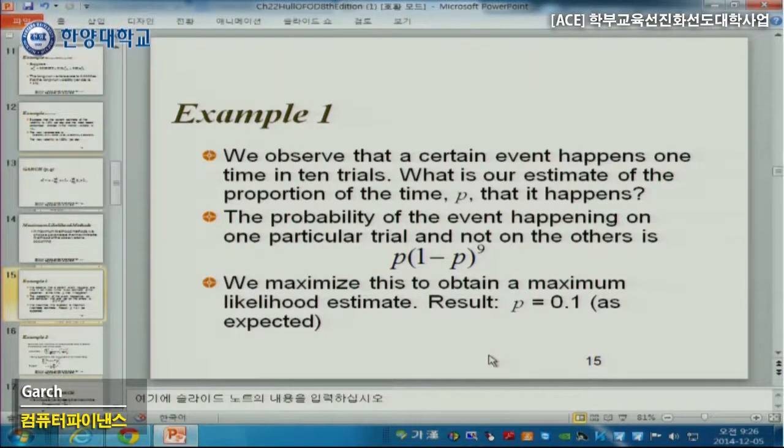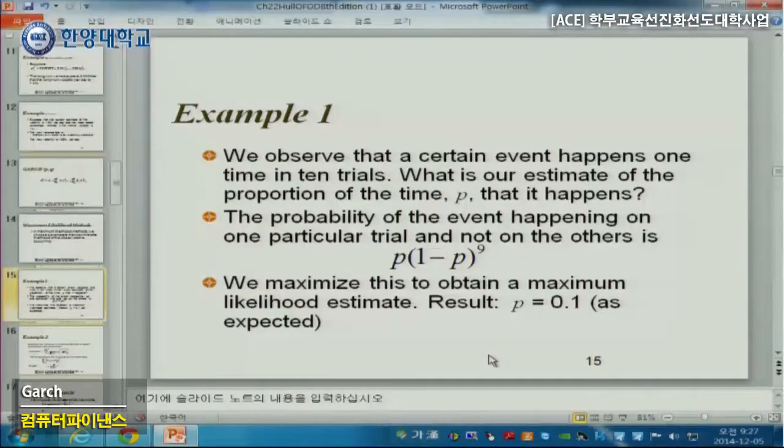We observe that a certain event happened one time in 10 trials. So for example, we toss the coin 10 times and we have only one head. Okay? Suppose that is our data.